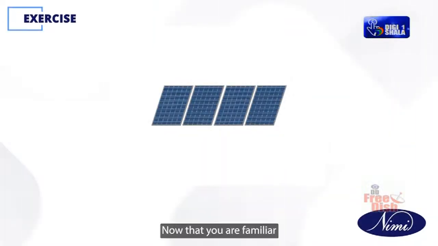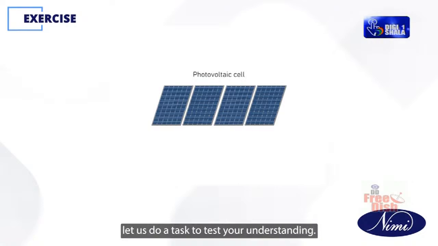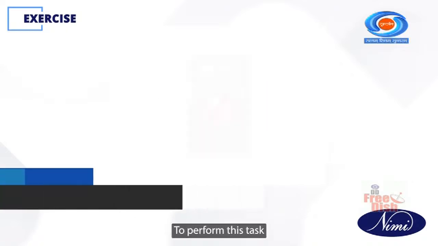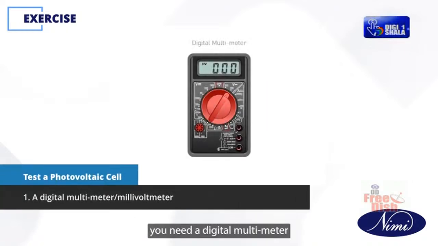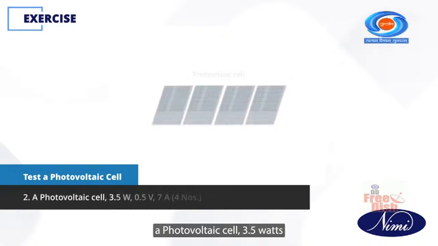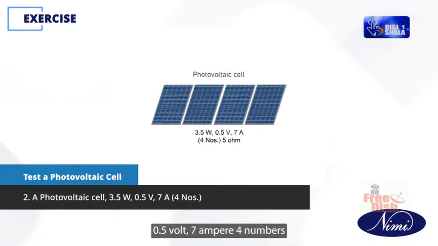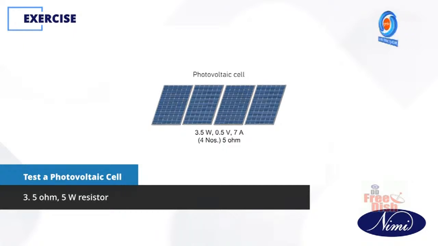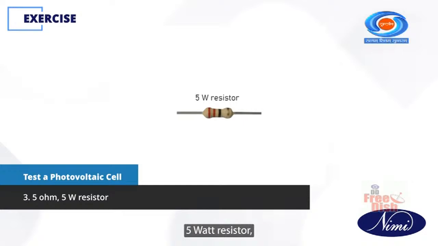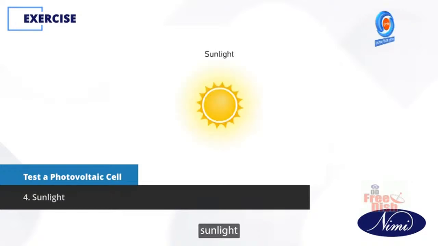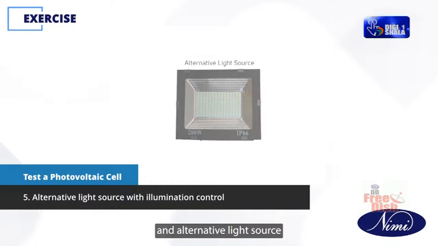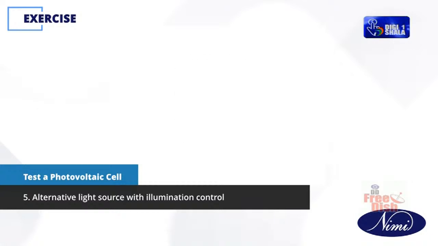Now that you are familiar with the photovoltaic cell, let us do a task to test your understanding. To perform this task, you need a digital multimeter or millivoltmeter, a photovoltaic cell of 3.5 watts, 0.5 volts, 7 amperes, 4 numbers, a 5 watt resistor, sunlight, and an alternative light source with illumination control.